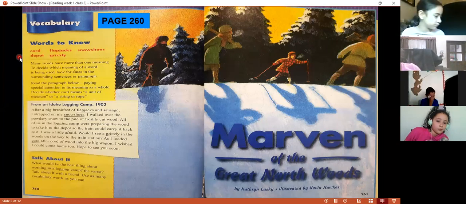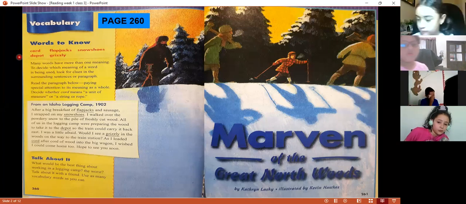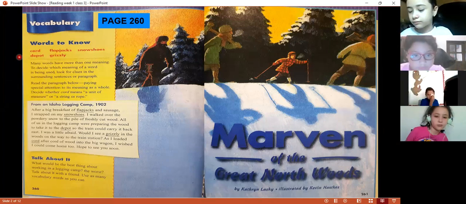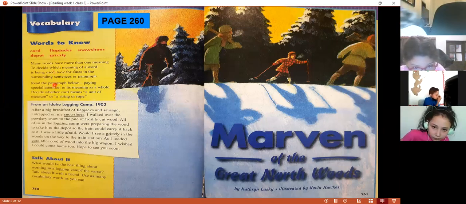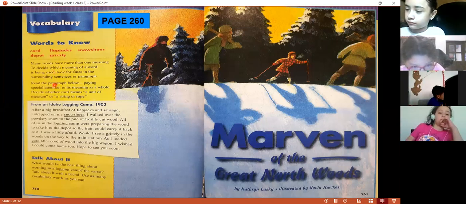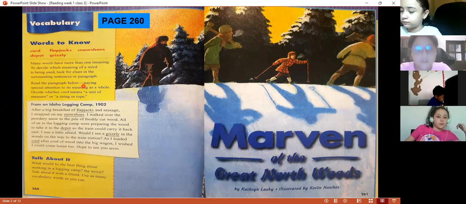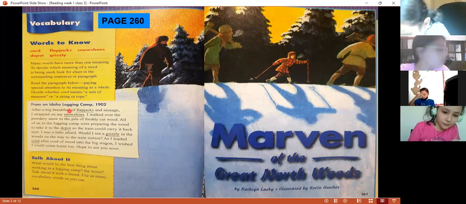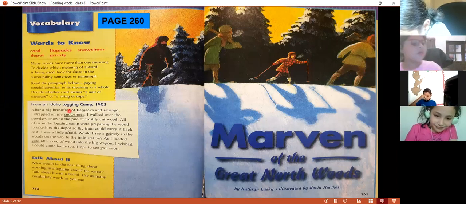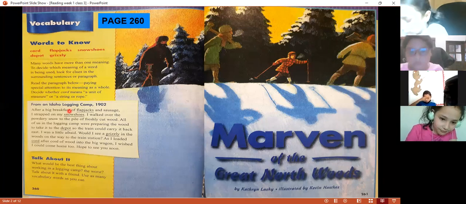We can use context clues around the word, or we can use a dictionary to look up the definition. Some words have two meanings, so we need to know which meaning is the best match.